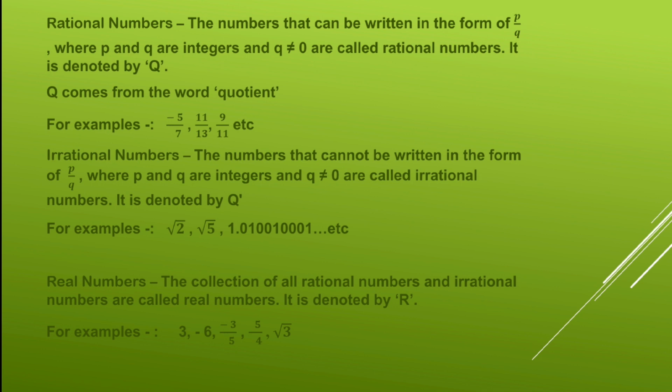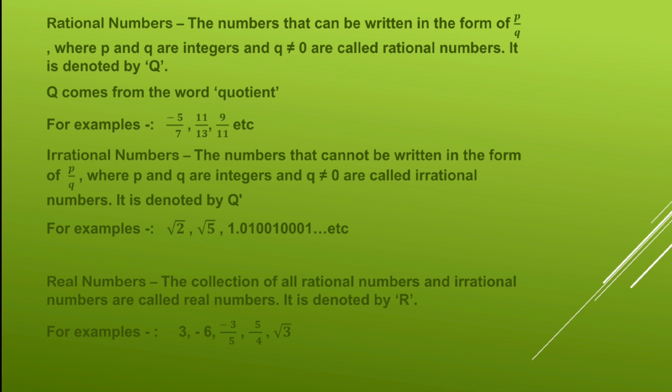But all the rational numbers are not integers, not whole numbers, not natural numbers. For example, 7 by 5 and 3 by 5 are both rational numbers, but they are not natural numbers or whole numbers or integers.